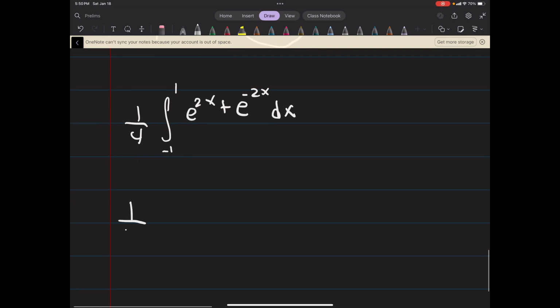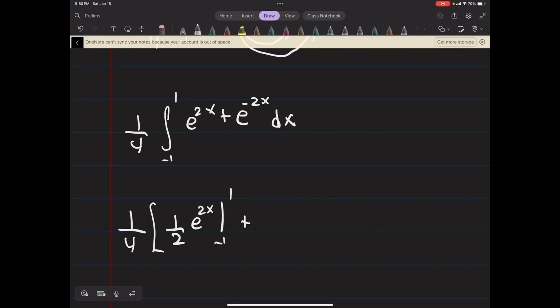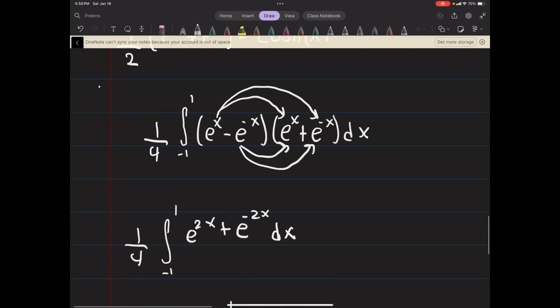So just really quickly to show you, we're going to have 1/2 e to the 2x evaluated on this interval plus, oops, this should have been a minus sign.